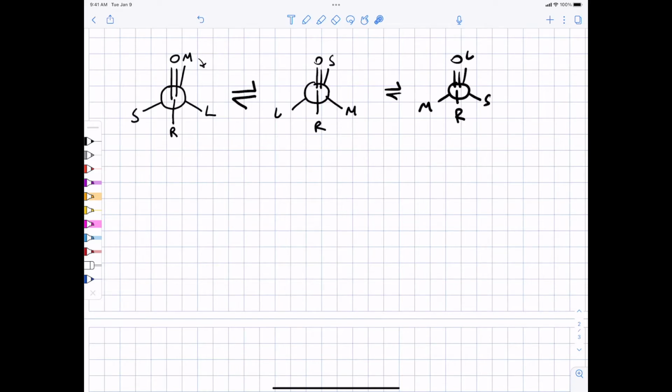For example, say this conformation were more stable, and I'm not sure, maybe this is the most stable conformation, then maybe you would have to decide, okay, where does the nucleophile attack from? From the side that has the medium group or the side that has the larger group?